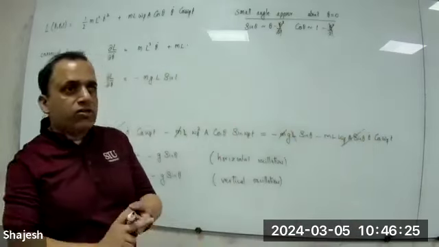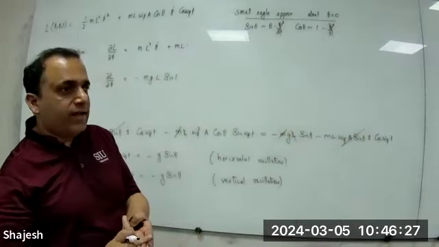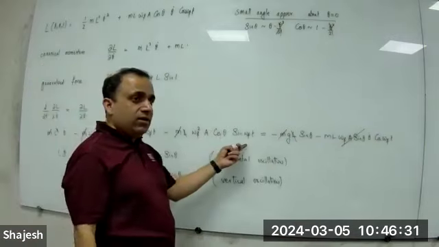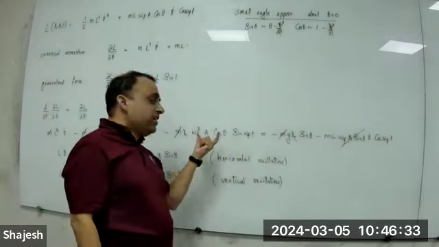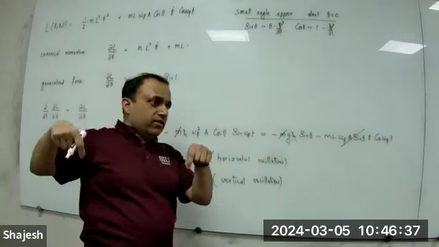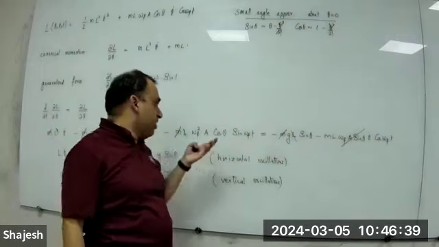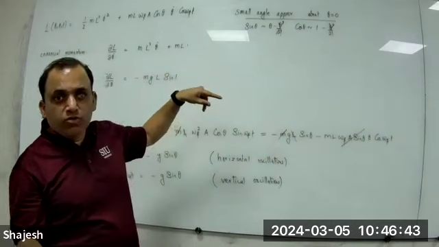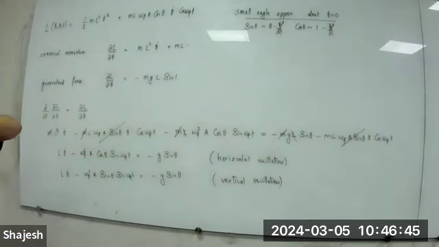So when all the cosines get replaced with one, all the sines get replaced with theta. By any chance, if there are two angles in a term, if there is a sine theta and another sine theta, that's gone, because sine theta has a theta, another sine theta has a theta, so that term is higher order, so the whole term goes away. In the double pendulum, you will see this. Like in the homework problem, we only construct the equation.